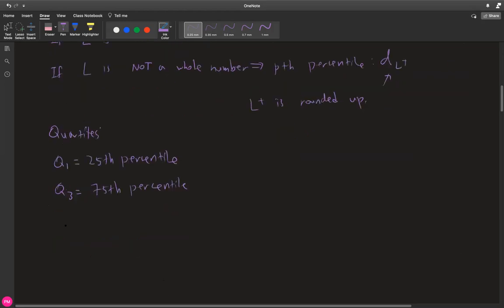We also learned that the median, often denoted as the capital M, is simply the 50th percentile, or the middle value.